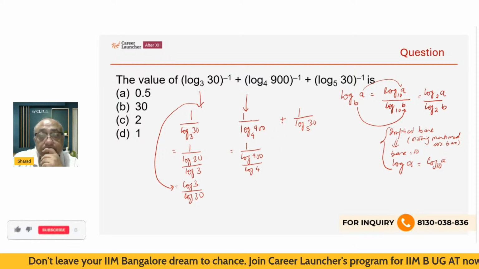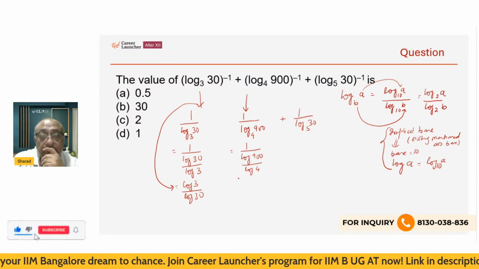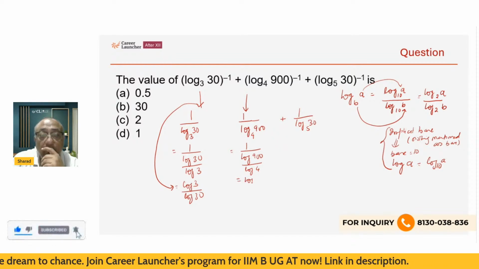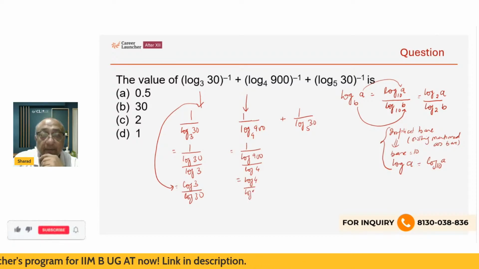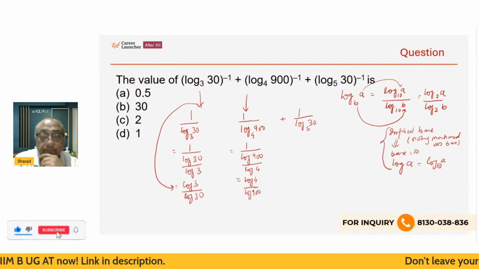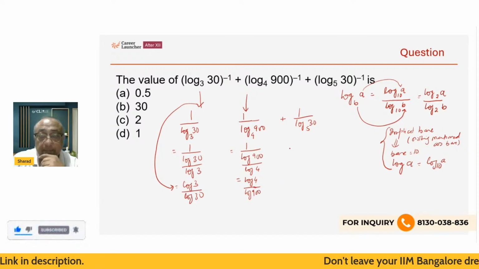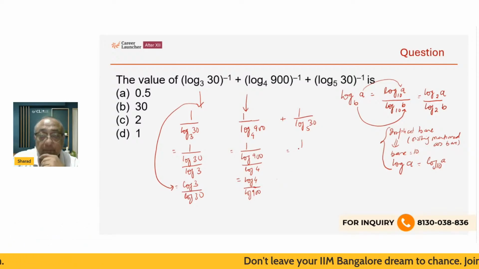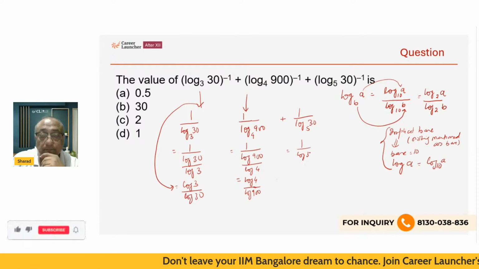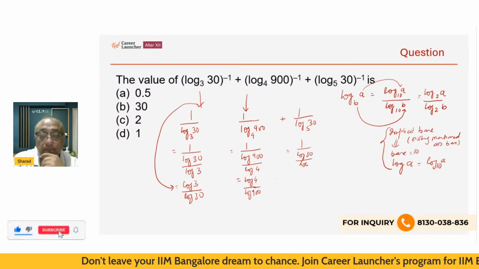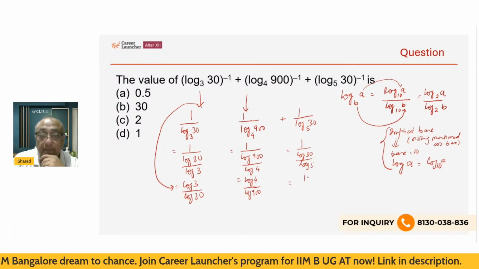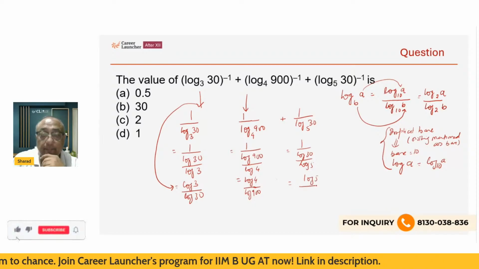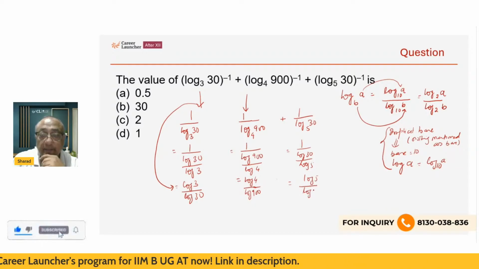Right. This will become log 4 upon log 900. And similarly, this will be 1 upon, and this will be log 5 upon log 30.